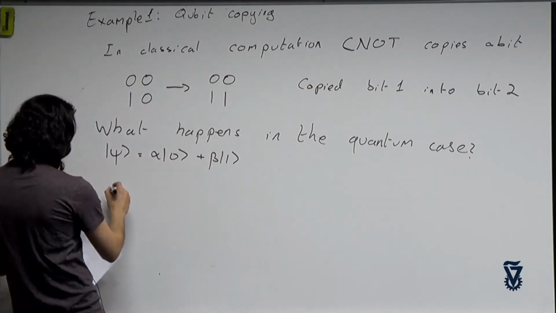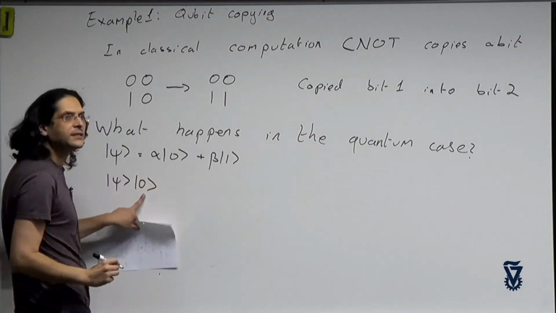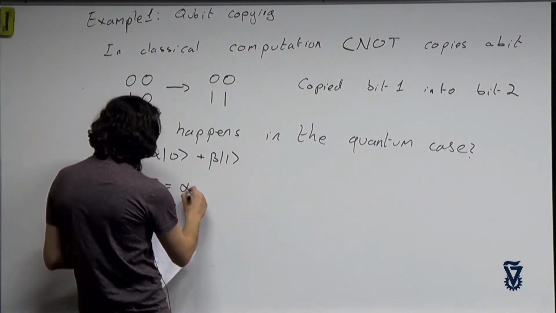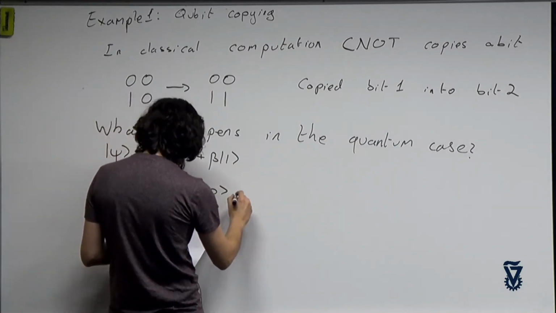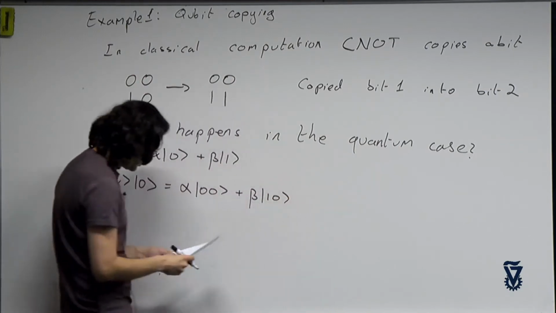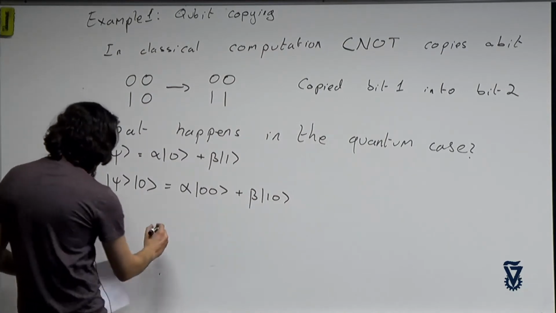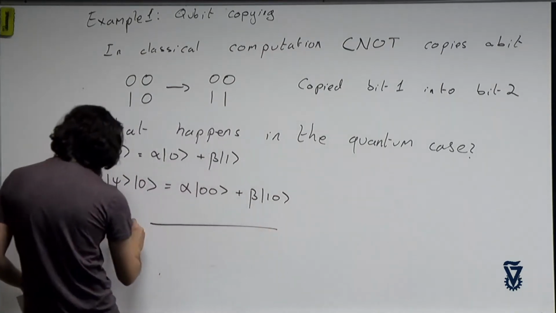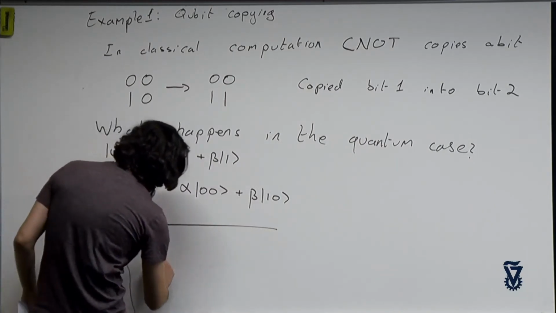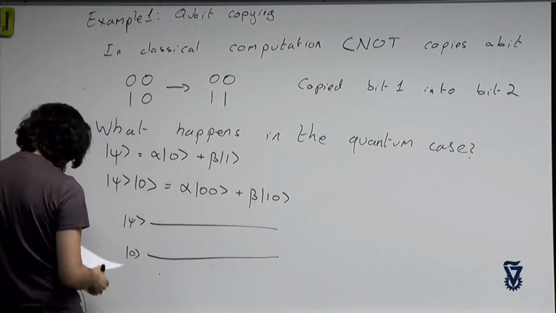So if we have psi and the reset qubit, then the joint state of these is just alpha 0,0 plus beta 1,0. And now let's write a little algorithm that does a CNOT. So we have psi here, and this line over here symbolizes our new qubit.